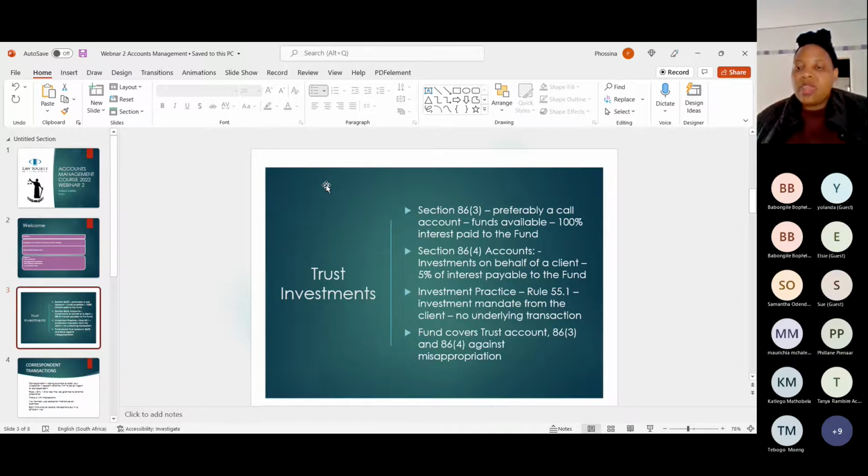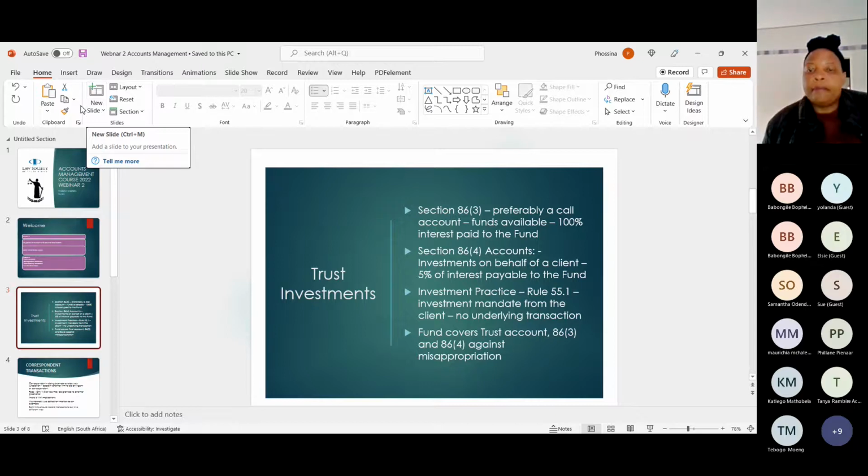So 5% of the interest that is accrued in that account goes to the fund. They've even put it in their rules in the act, so it's known. Even the banks have been instructed to have the 5% payable to the fund.